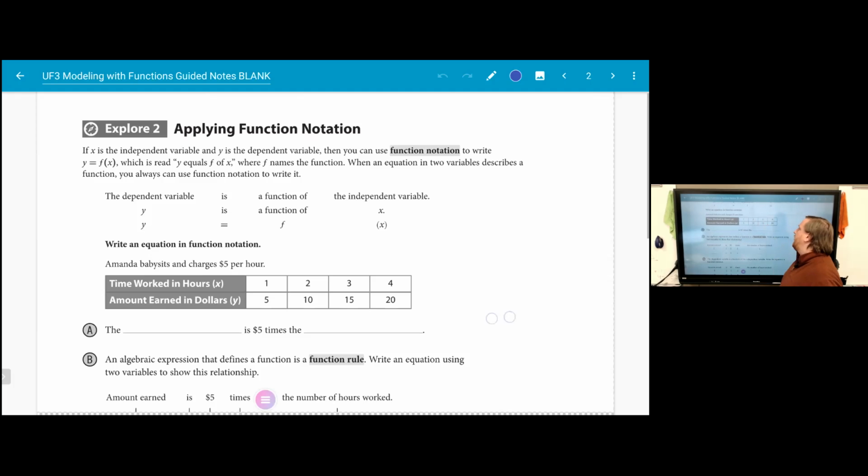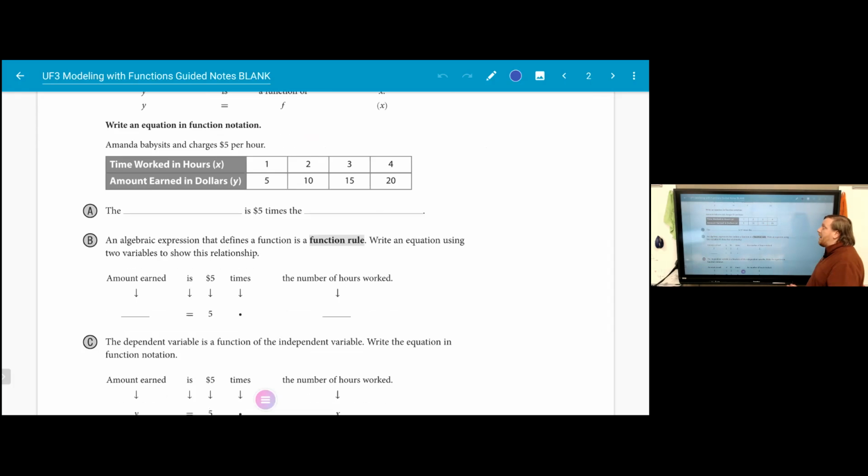Write the equation in function notation. Amanda babysits and charges $5 per hour.